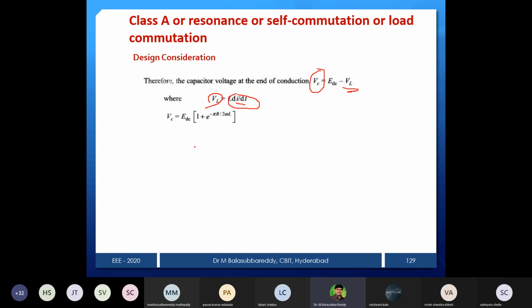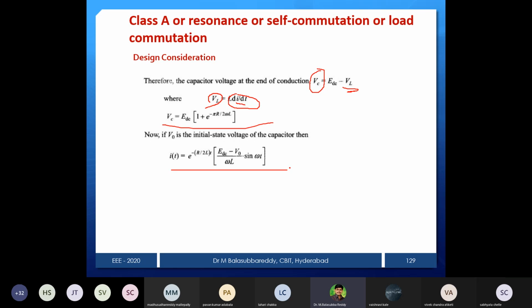With all these mathematical relations, we get Vc equal to VDC into 1 plus e power minus pi R by 2 omega L. And if omega naught is the initial state of voltage of the capacitor, you can incorporate minus omega naught also in that fashion, and further simplify this equation, where omega is greater than 0.